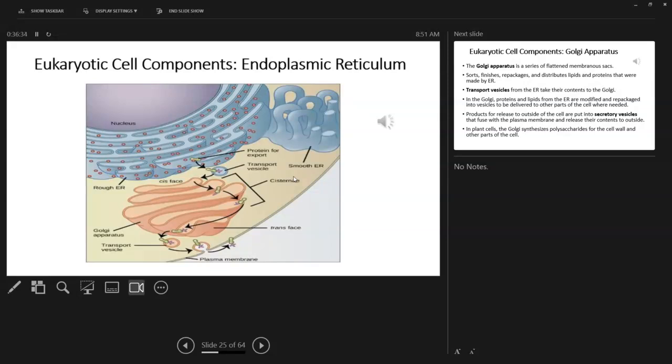Now the Golgi will repackage them into vesicles. Now these are ready to go wherever they need to be used in the cell or outside of the cell. In this case, this vesicle is going to the plasma membrane, and so this membrane will just fuse with this plasma membrane and just release, just spits the stuff out to the outside.